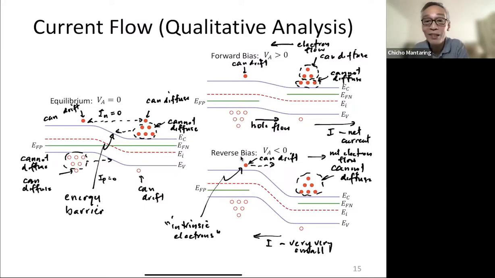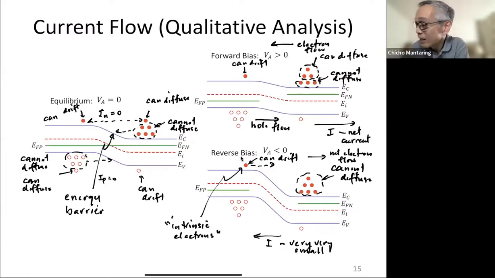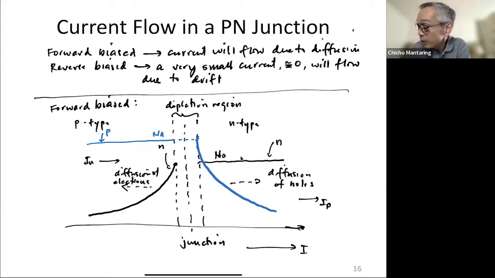Nakuha mo yung sinasabi ko? Medyo nakaka-confuse, no? But when the flow is because of a non-uniform concentration, it's diffusion. No? So kagaya dito, no? So yung electrons dito are now here.